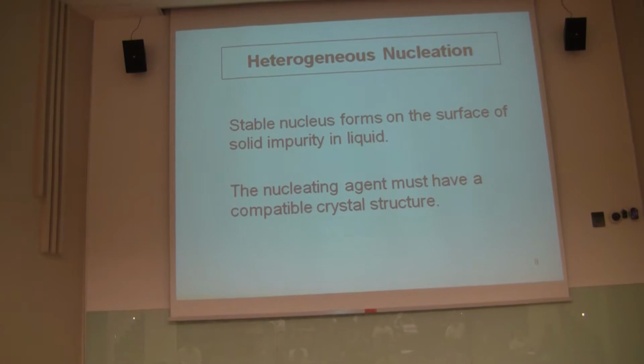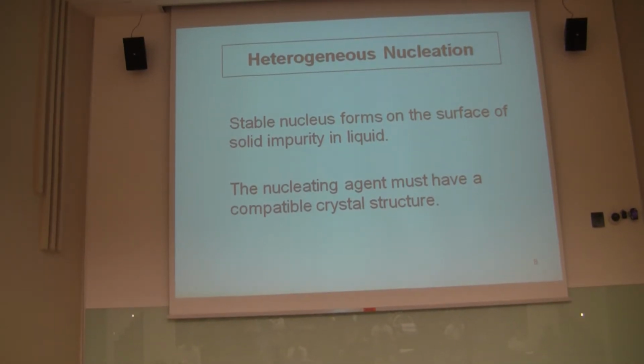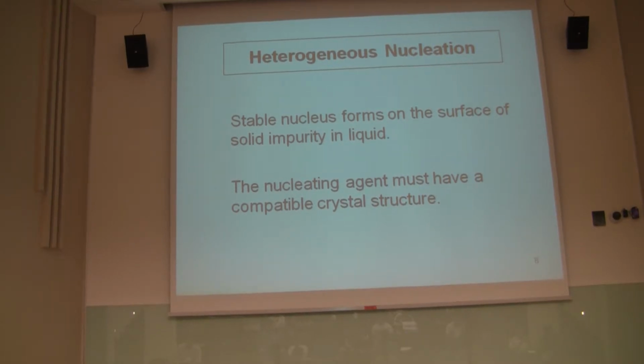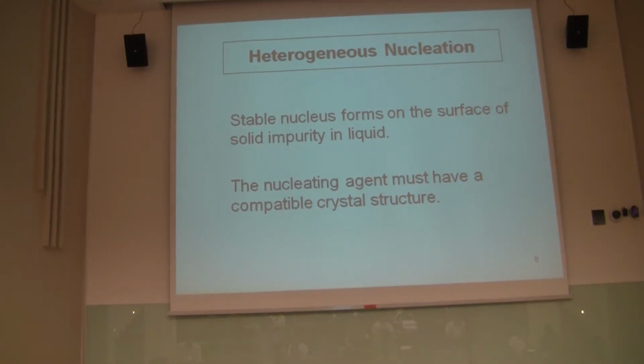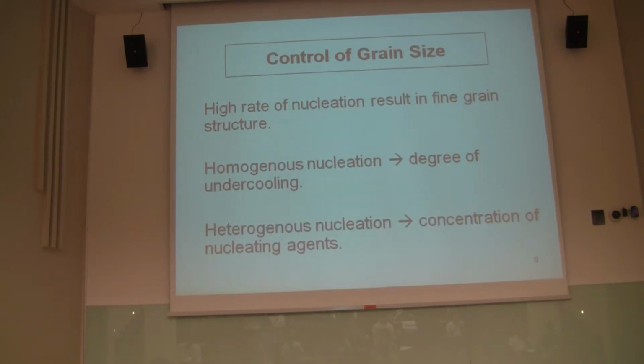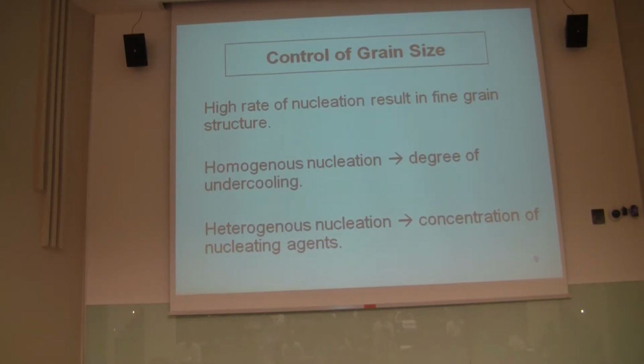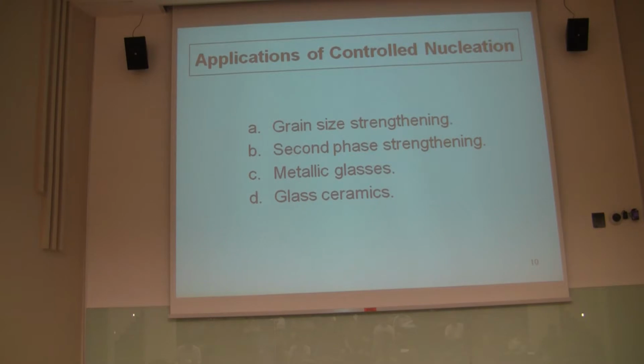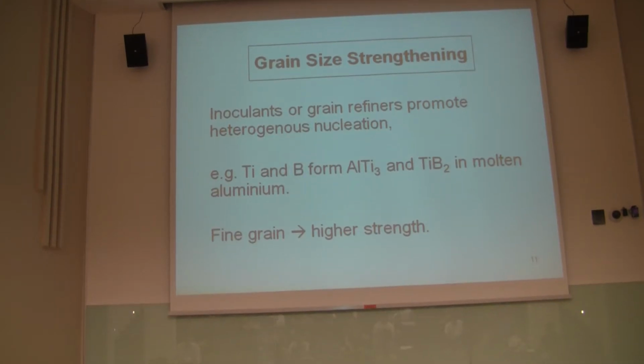So for heterogeneous nucleation, we must have nucleating agents, as already said. The more nucleating agent we add, the smaller the grain size, so we can call them grain refiners. Add more means you do more refinement. Can you see grain size strengthening?